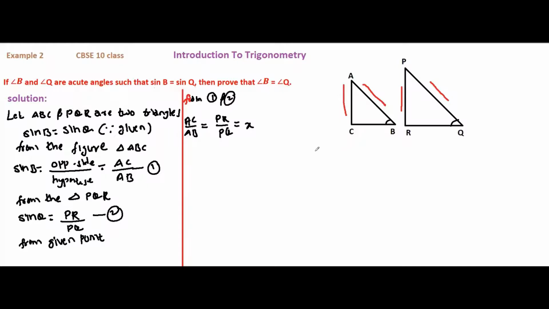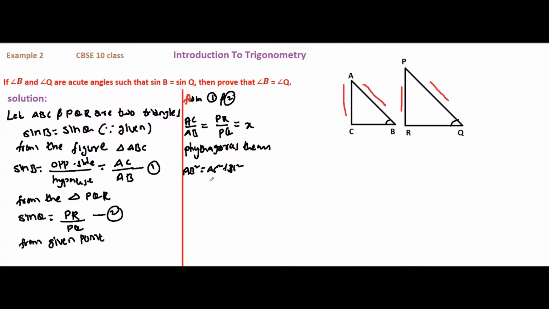Write that. From the figure ABC again, from the Pythagoras theorem, what can we write? The hypotenuse squared, that means AB square equals AC square plus BC square.